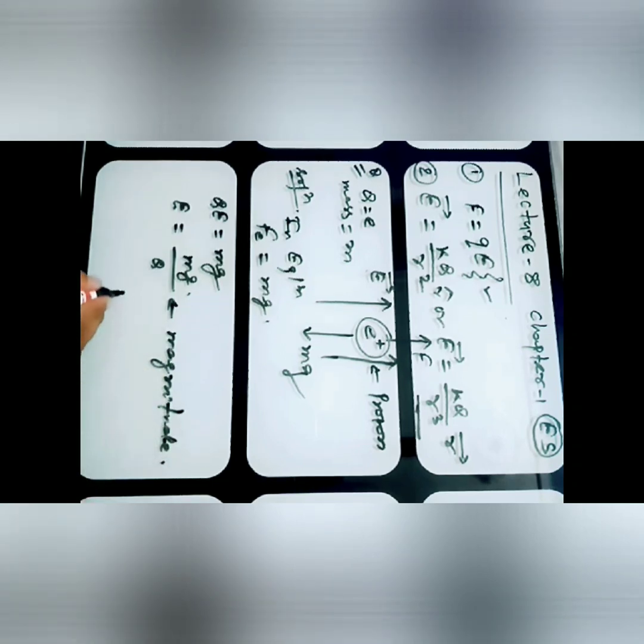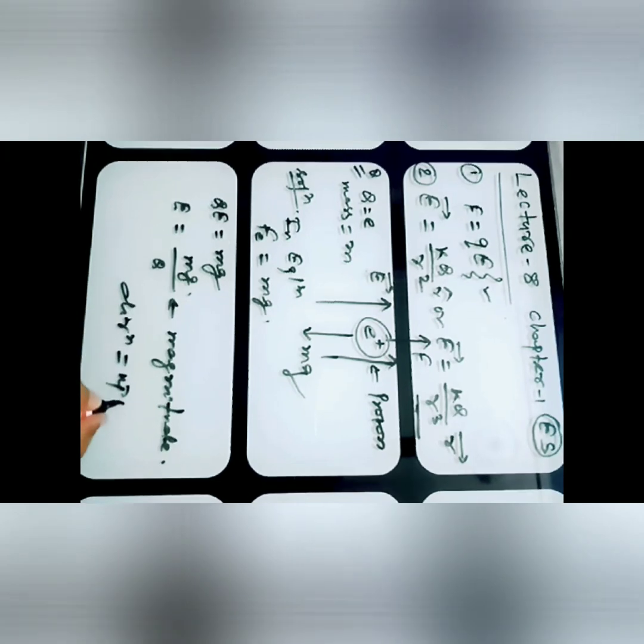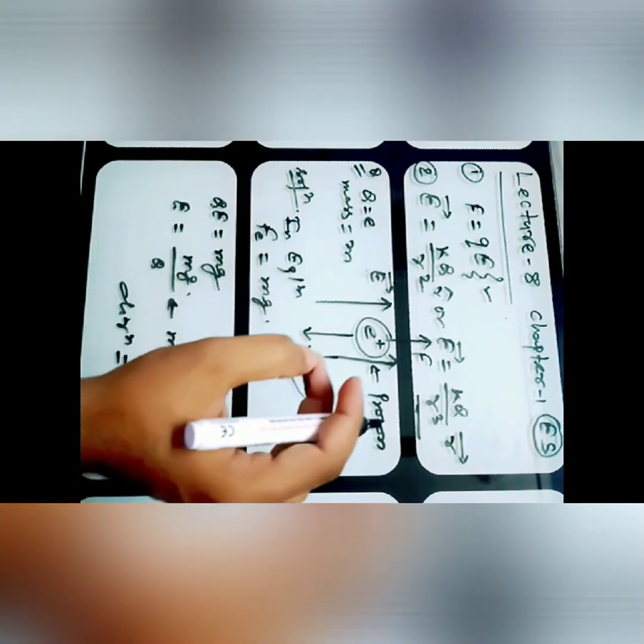And the direction you got is upward. I hope, students, you can solve a similar type of question. If an electron or an alpha particle is balanced in presence of electric field, then what will be the direction of the electric field and its magnitude?